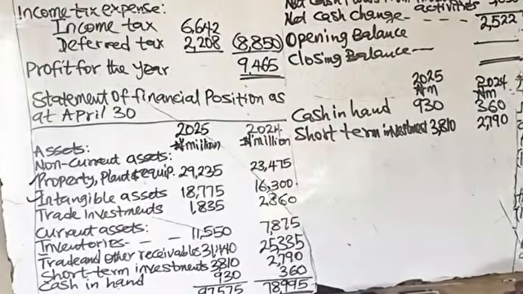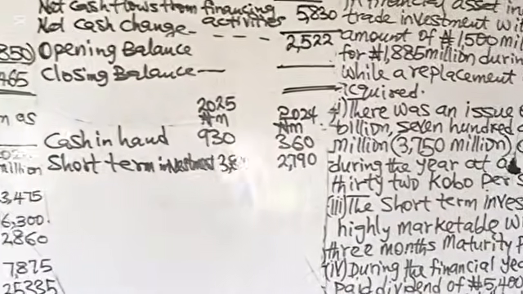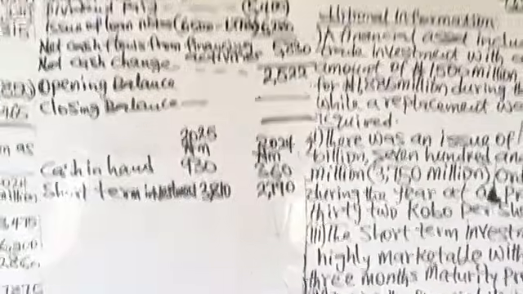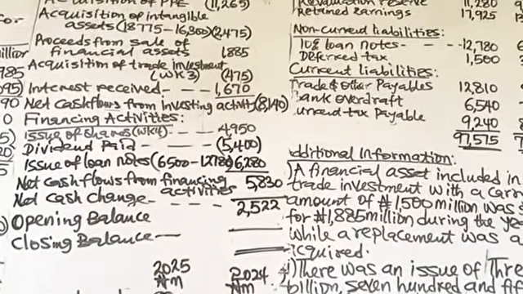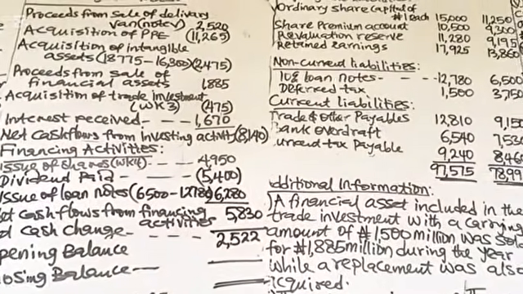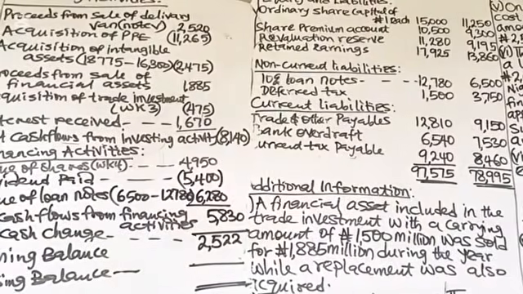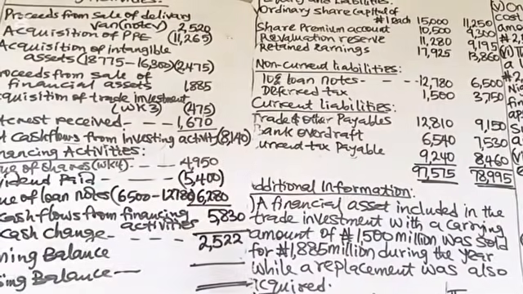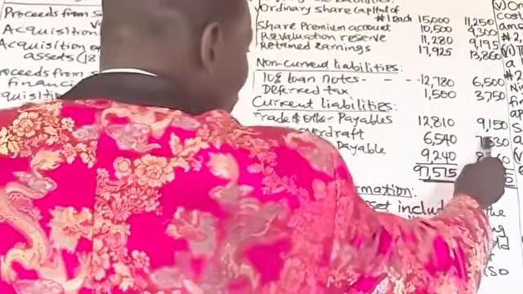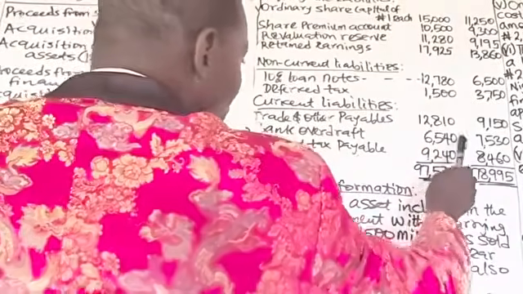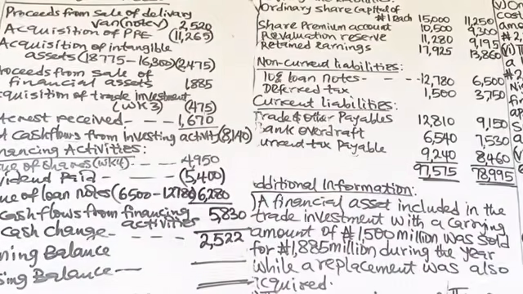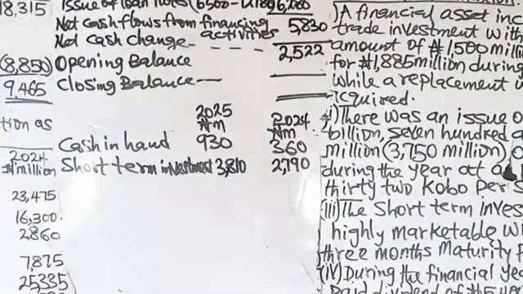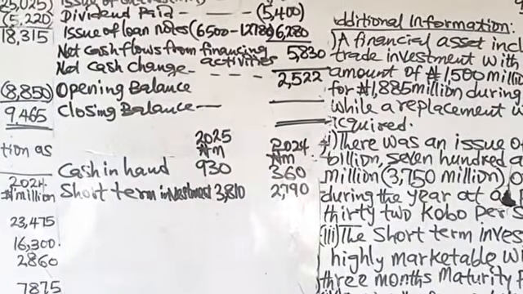Then let's go through the current liabilities. We have bank overdraft under current liabilities. Bank overdraft. The opening is 7530, the closing is 6540. So we want to include that.